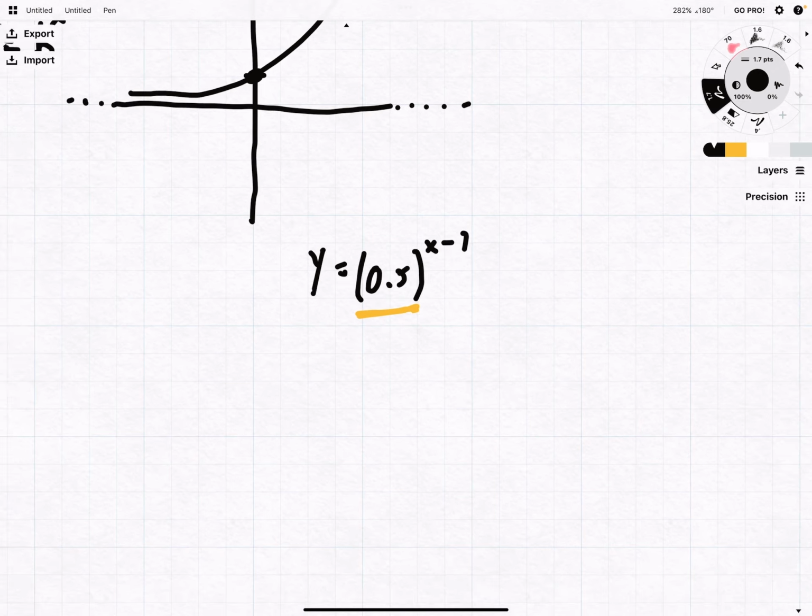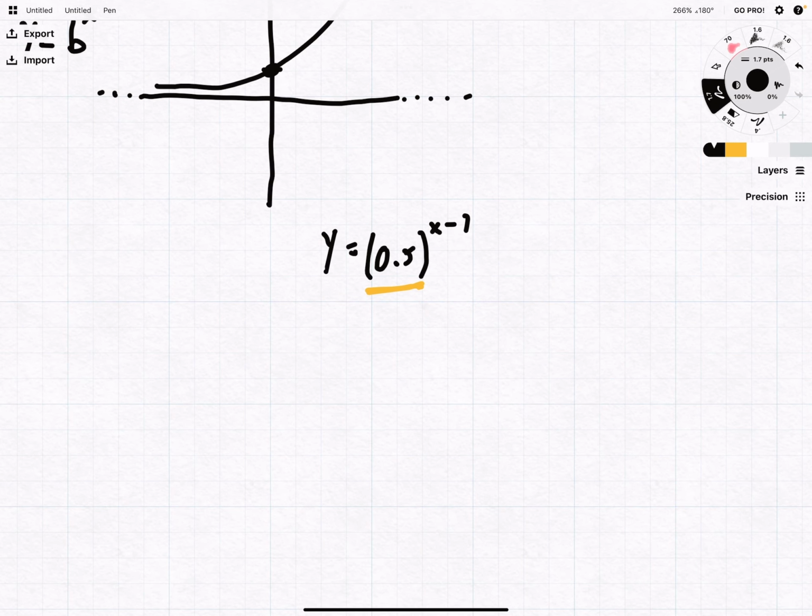Having decimals can sometimes make things a little trickier. So let's just rewrite that as a fraction. We'll have y equals 1/2 to the x minus 1.